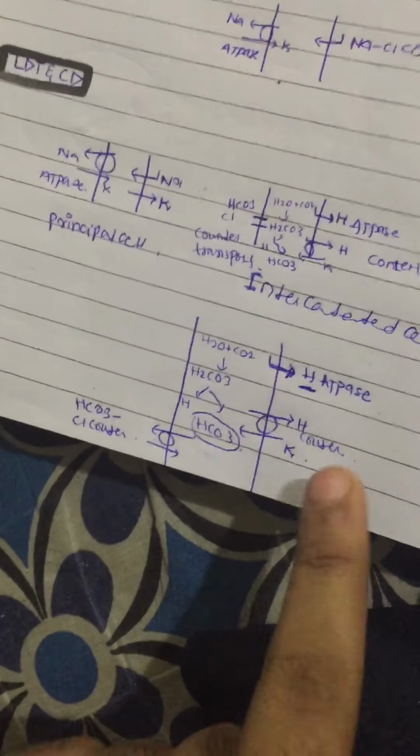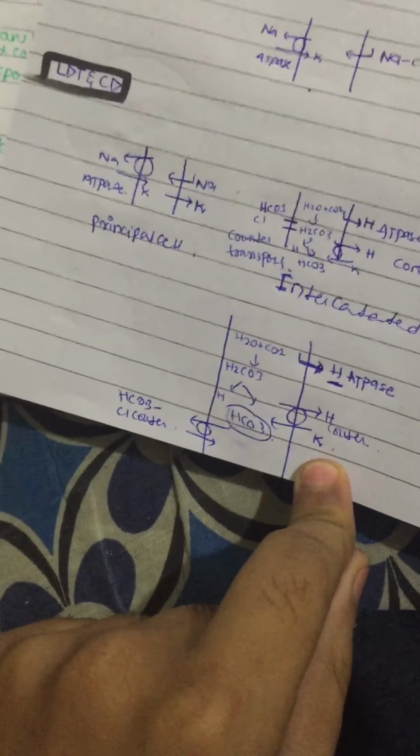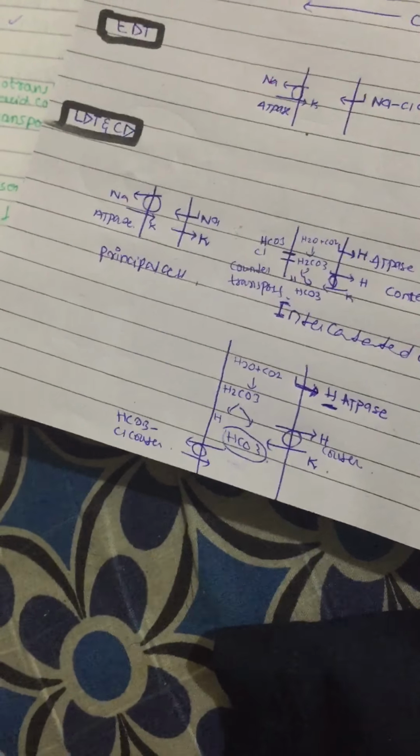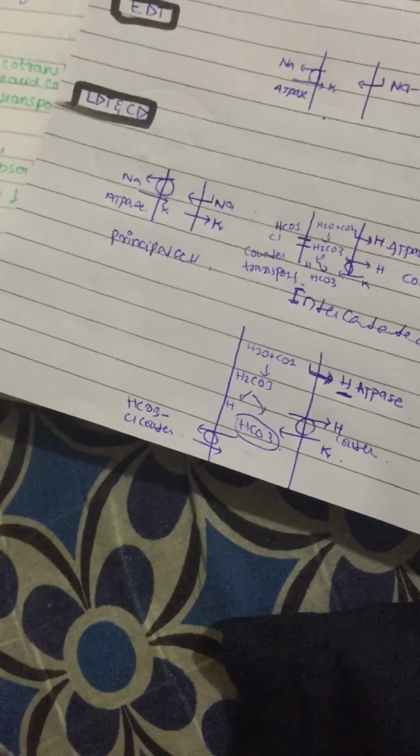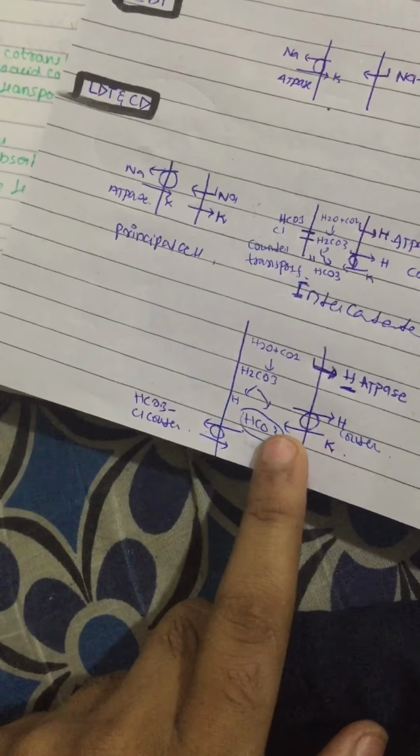So this is the first transporter which is going to reabsorb the potassium, while the rest of the transporters are only secreting the hydrogen, secreting the potassium from the body.